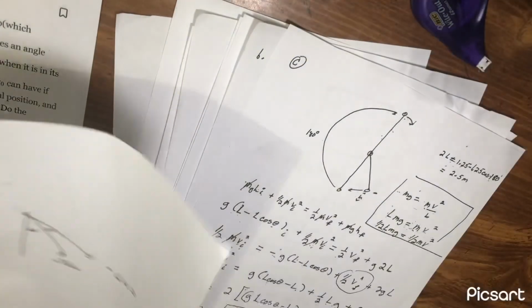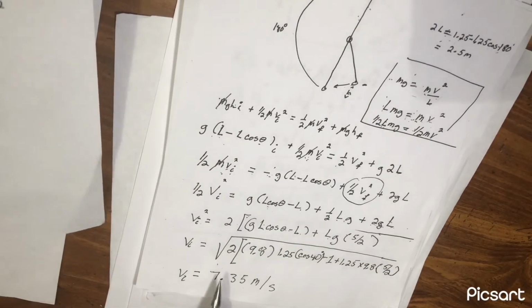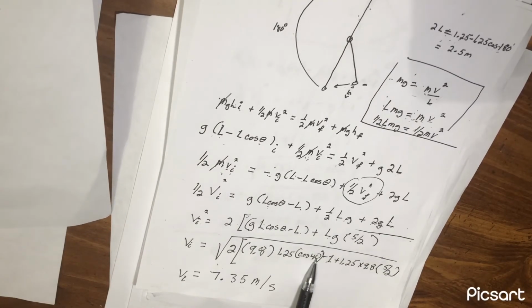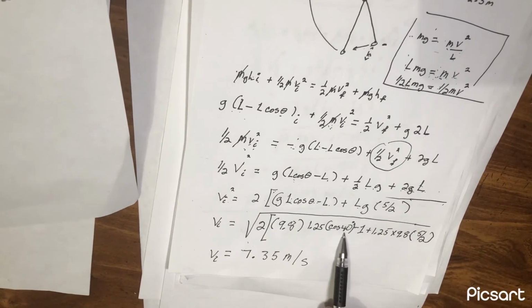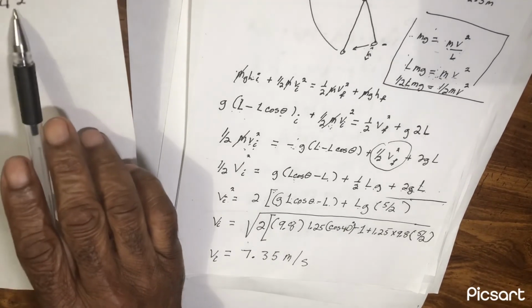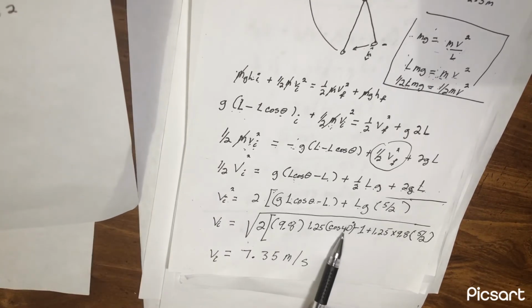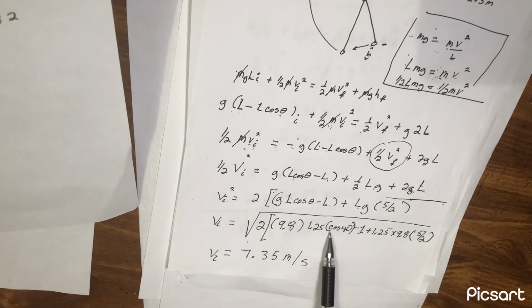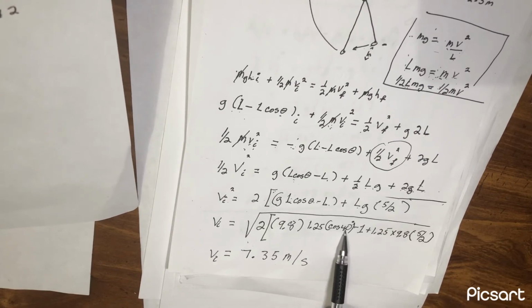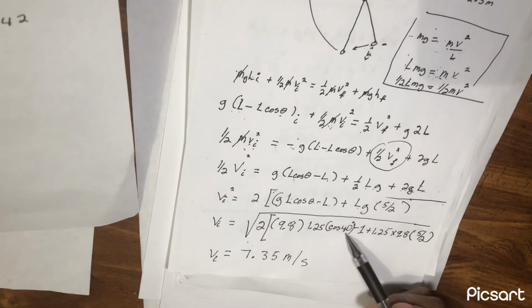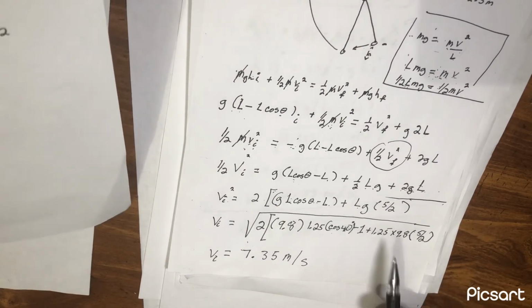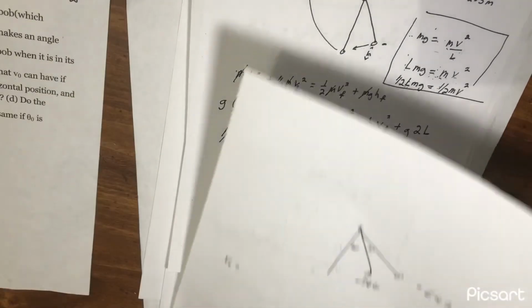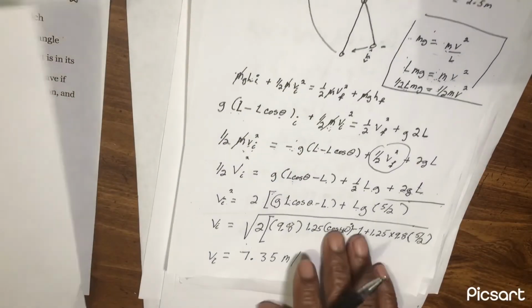So you go back, look at your formula, and you can see that if I were to increase this, say to 50 degrees, 0.642, the velocity would increase because the cosine of 40 degrees is more than the cosine of 50 degrees. So the velocity would increase in part C.